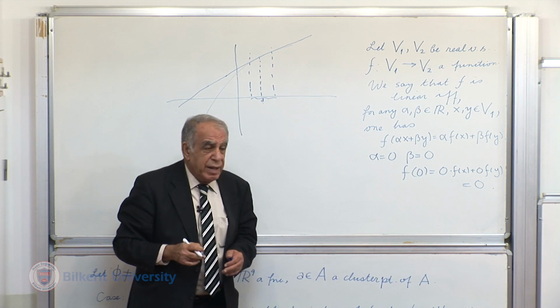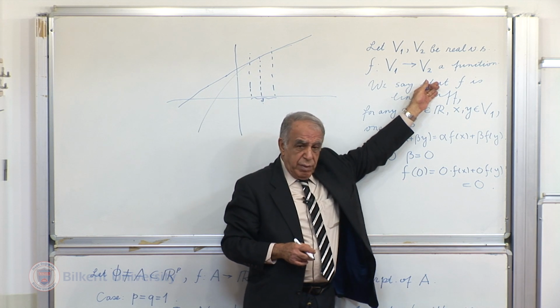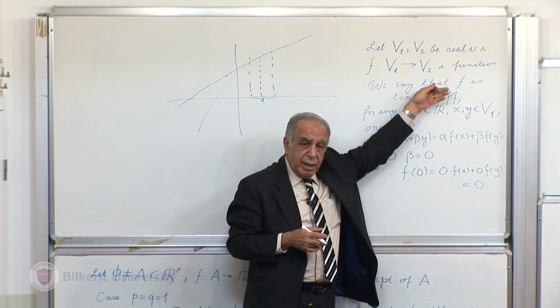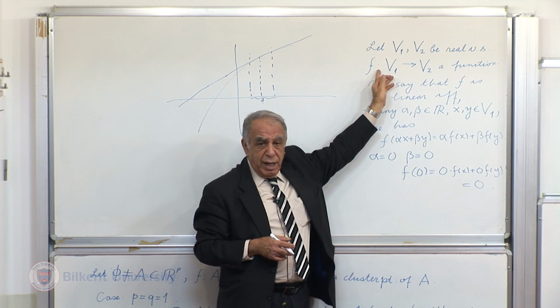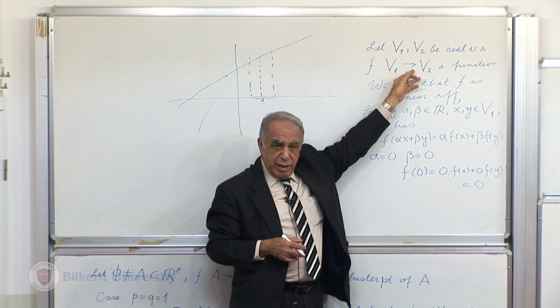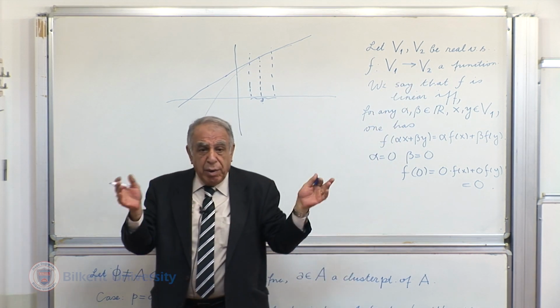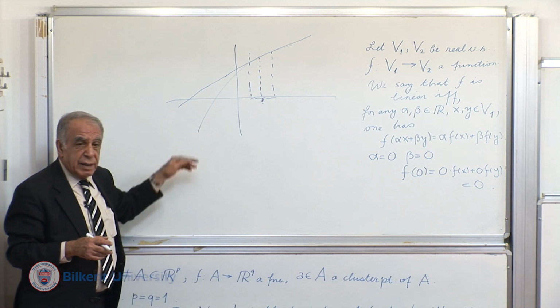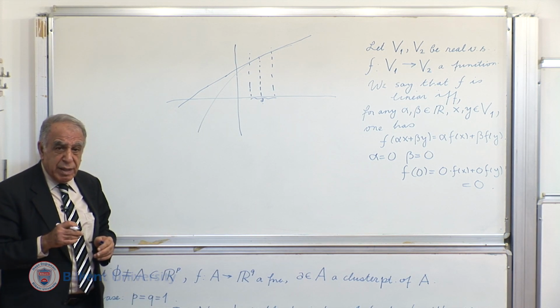So if f is a linear map on V1 onto V2 or into V2, it need not be onto, then the 0 vector of V1 has to be mapped onto the 0 vector of V2. Well, here, both V1 and V2 in our case are the set of reals, the real vector space of reals.